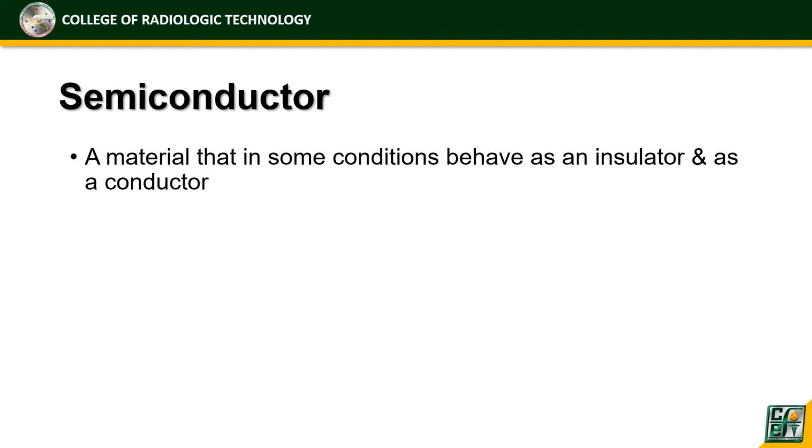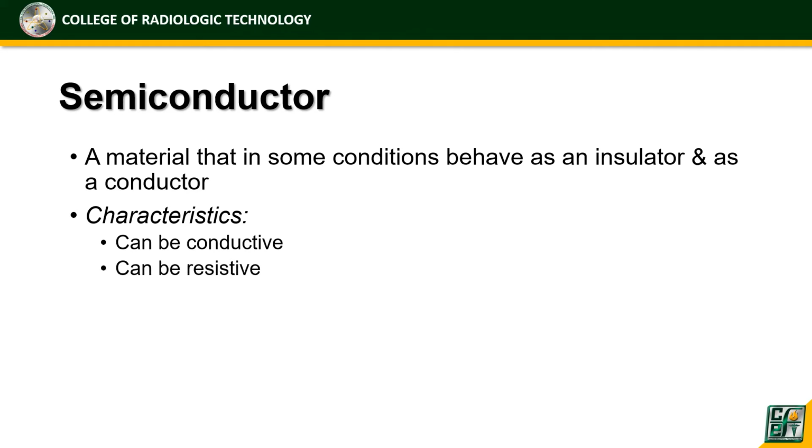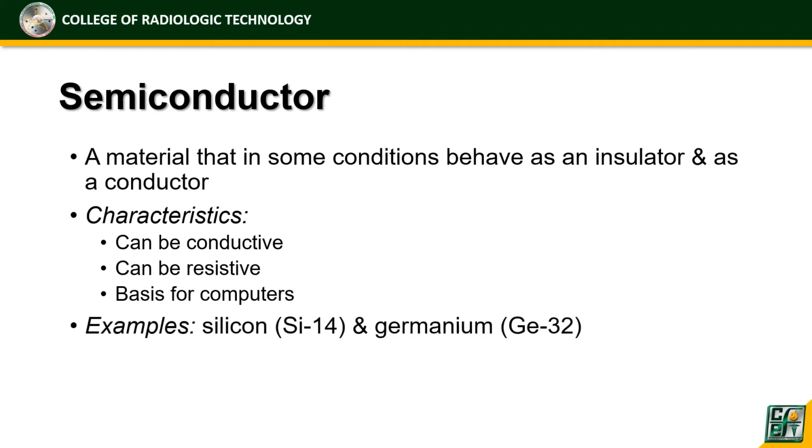Kaya nga, okay, any material that behaves in some condition as a conductor or as an insulator. So characteristic can be conductive, okay, can also be resistive, and the basis for computers. Okay, example ay silicon and germanium.